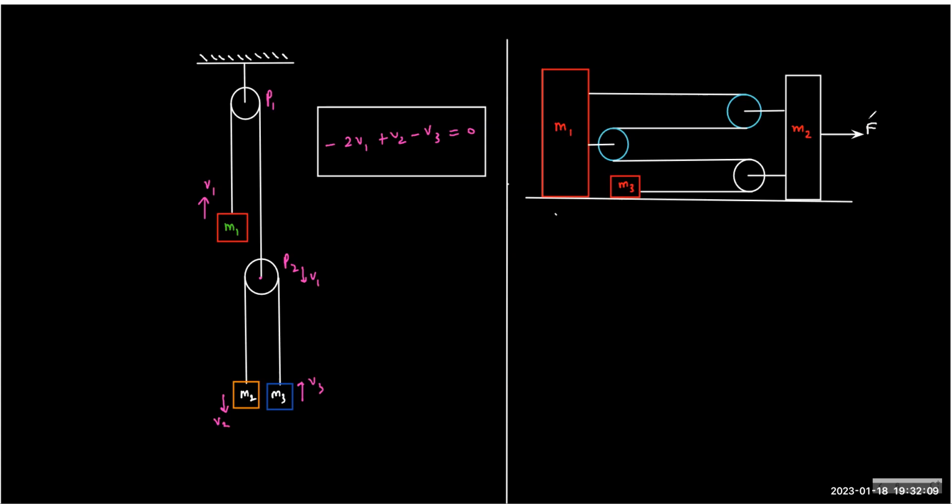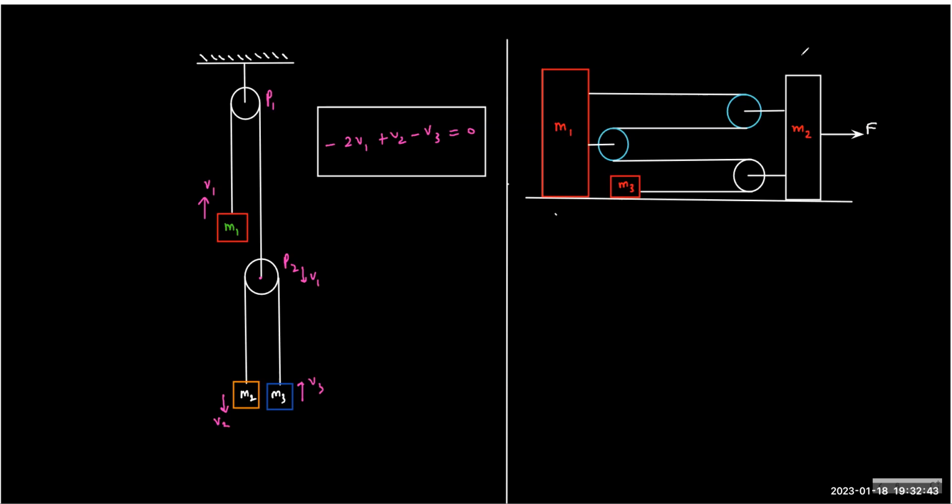It means we will have three separate accelerations, isn't it? So M1, M2, M3, how will they move? Can you guess what will be their motion direction? So who is the primary cause of motion? Which agent is creating the motion? External force.